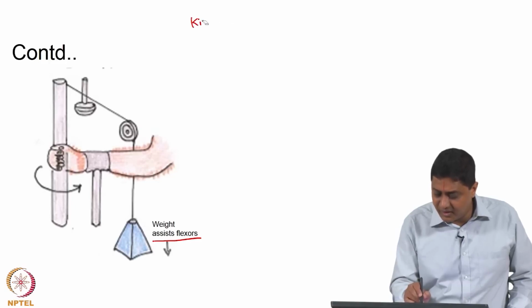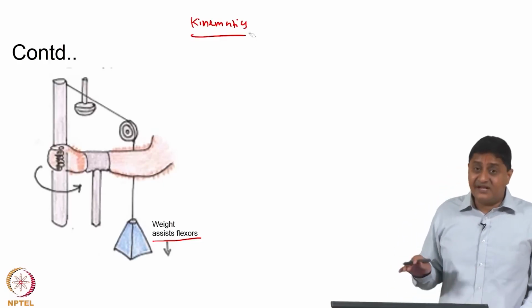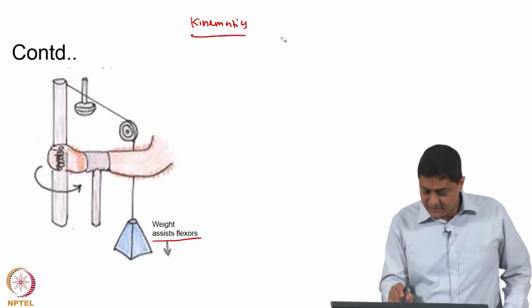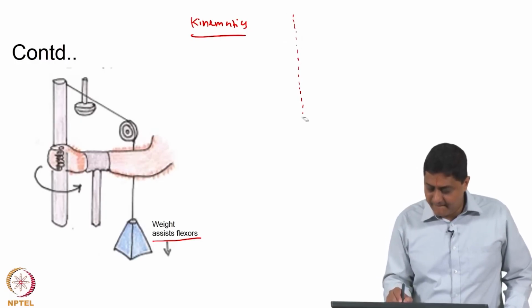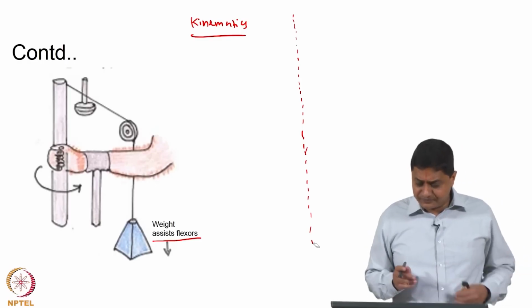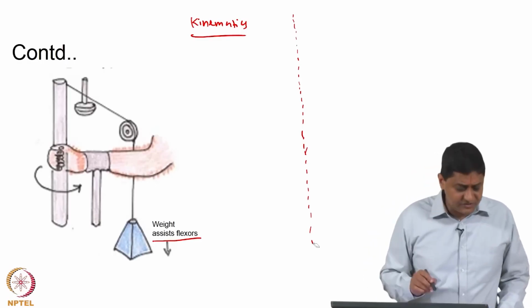Here I am drawing the kinematics in red color, and note this kinematics is the same for all the cases. Let us say that the movement happened at around that time, and so all the recordings are with respect to this movement onset.